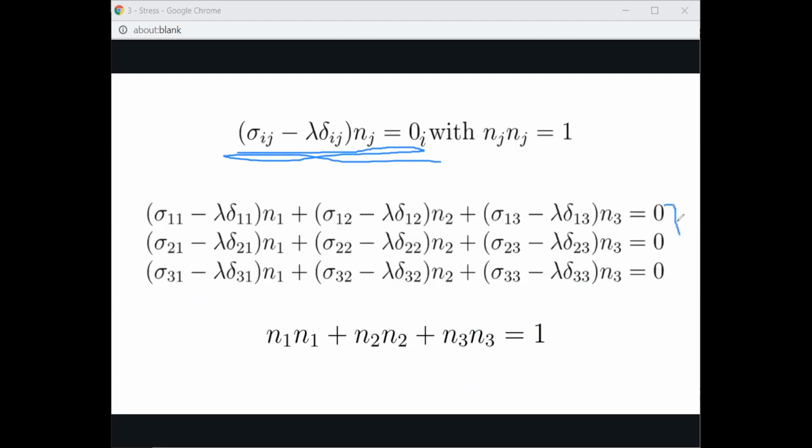These are the 3 equations. And of course, we expand j as a dummy index, in 3 summation terms. So we're ready to solve. And of course, nj equals 1, which means that the direction that we should get should be a normal vector. Okay, let's solve.